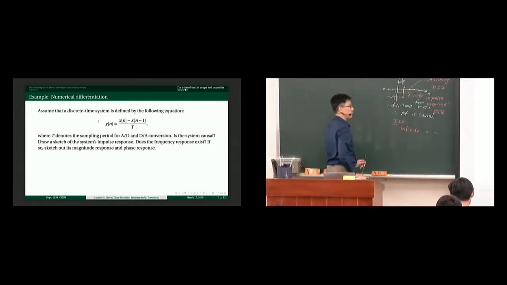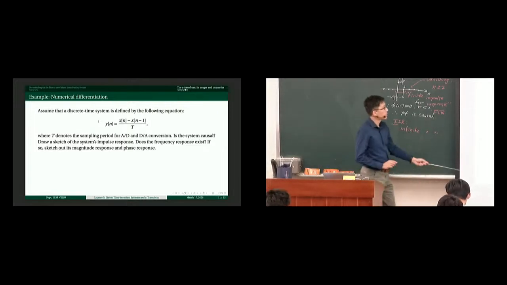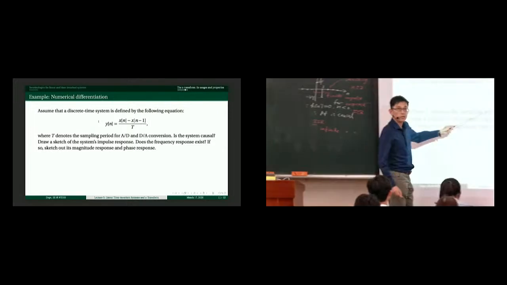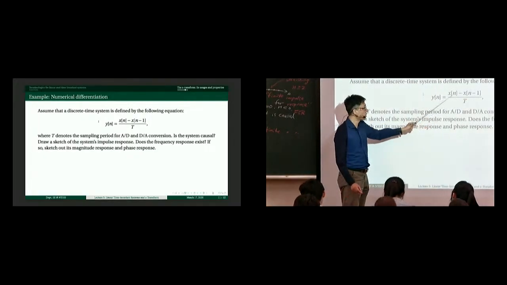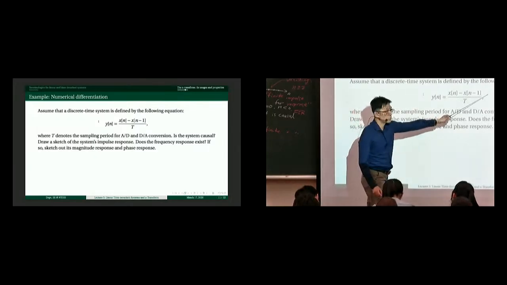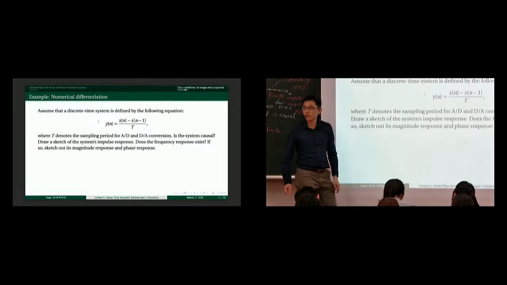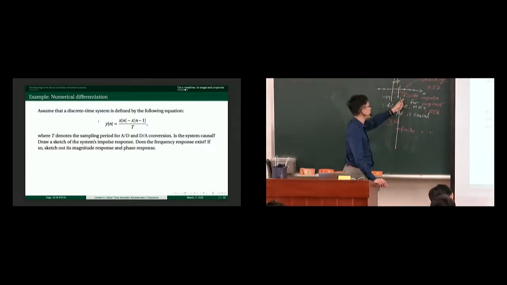Finite impulse response, infinite impulse response: two different kinds of systems. But here, for sure, since y does not occur on the right-hand side of the equation, the response vanishes after two samples. Beyond the two samples, there is no further response. So we call the impulse response finite.